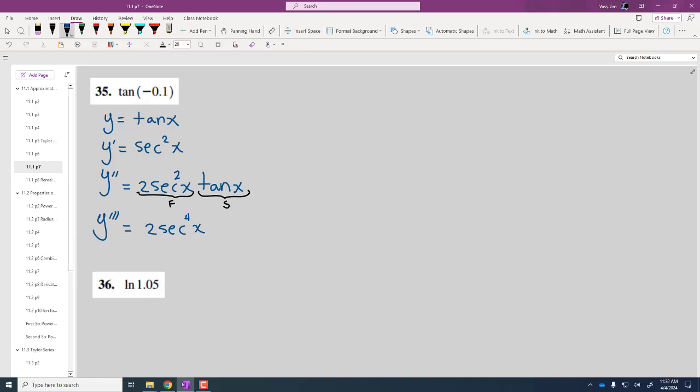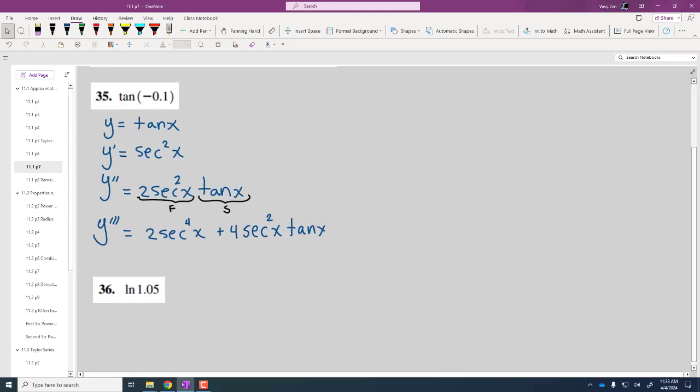The derivative of the first is 4 secant to the 1 times the derivative of secant, which is secant times tangent, times the second, which will give us the tan squared there. So, gnarly product rule. Gross.